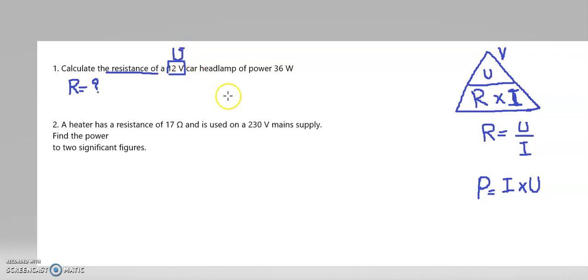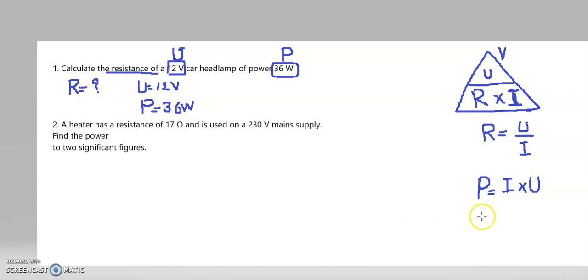So this is U. And power, watt here. So this is a power. So the given data is voltage, 12 volts, and the power is 36 watts. And the question is calculate R.